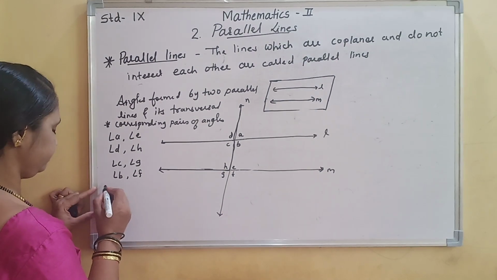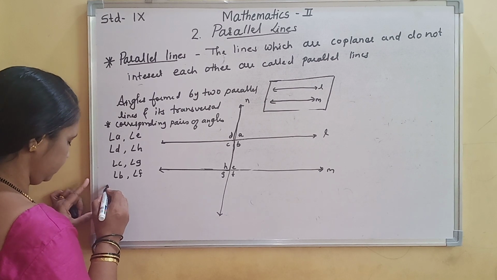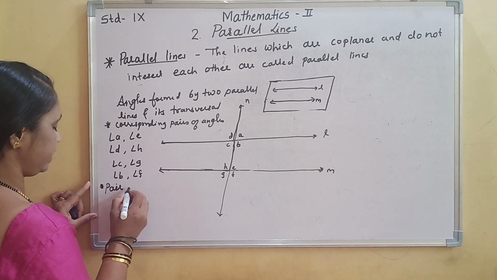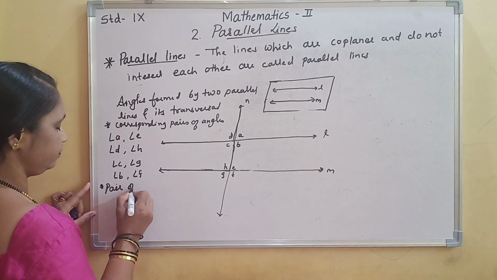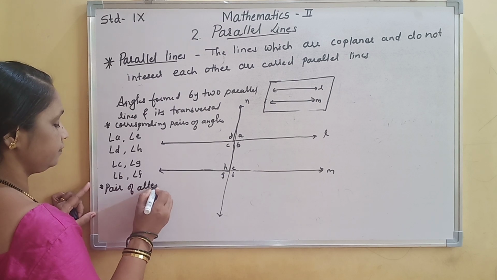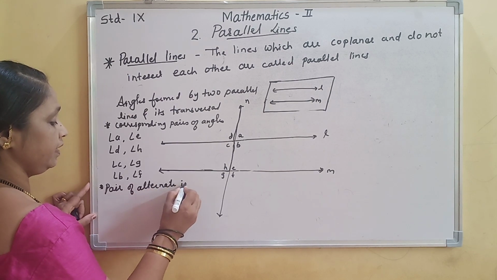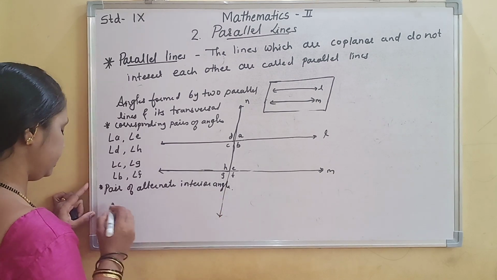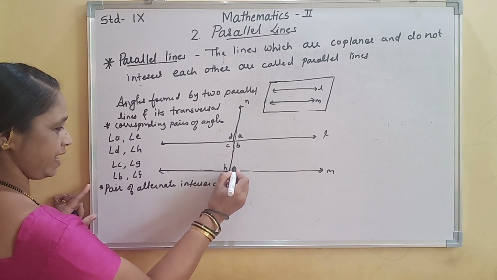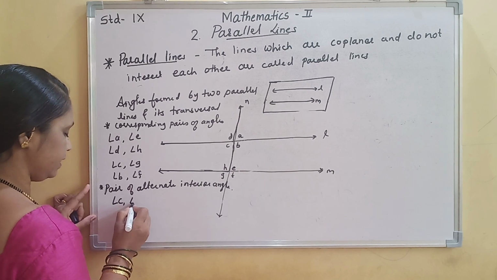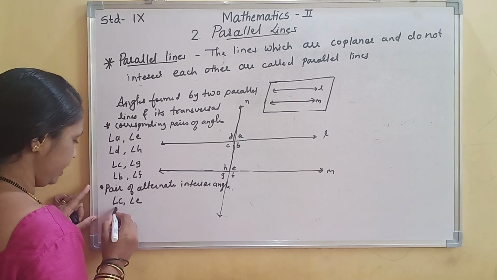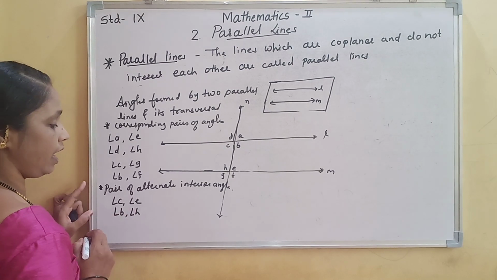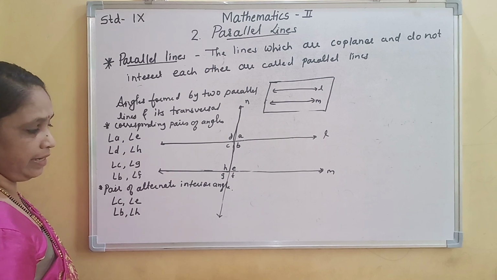So we will write the next type, pairs of alternate interior angles. Angle C and angle E are an alternate pair, and angle B and angle H are also alternate pairs of angles.